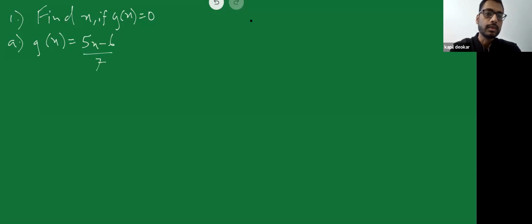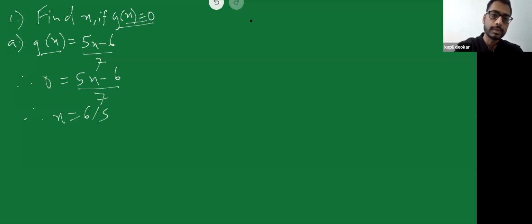So this function is given, g of x is equal to 5x minus 6, and if you put or find out this value, the value is equal to 0. In which particular case? So what would be value of x to get g of x is equal to 0? So basically you just have to write this value is given g of x is equal to 0, and you have to find which value of x is going to satisfy that. So just equate with 0, 7 to other side 0, so 6 upon 5. So that is my answer.